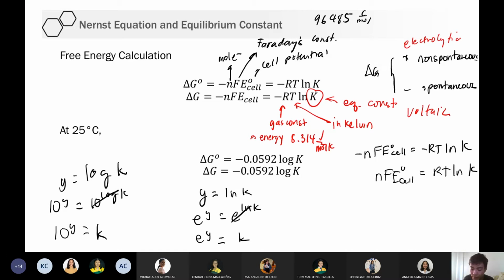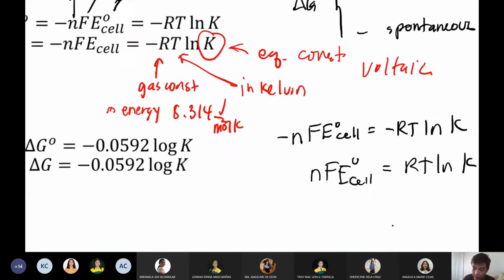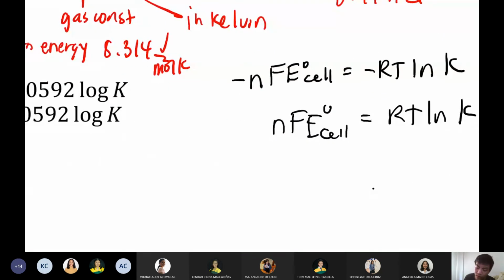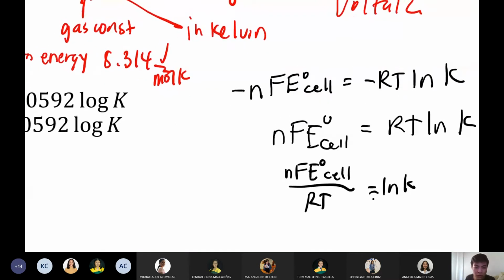So yan. Yan lang. So, ibig sabihin, kung gusto ko palabasin yung K doon, lipat ko muna yung mga constants. Zoom in ko nga dito para mas makita natin. So, yung RT, lipat ko sa kabila, nFE naught cell over RT ln K. Kung gusto ko matanggal yung ln, gagawin ko, I will make this equation the exponent of my Euler's number. So, gagawin ko, dito na lang sa left.